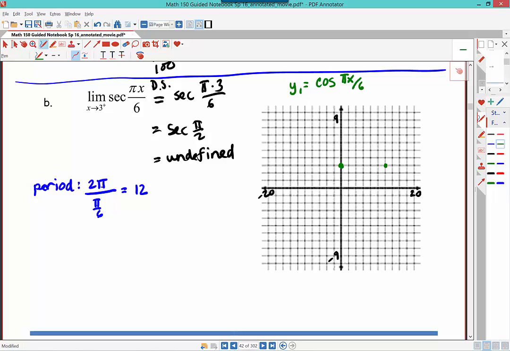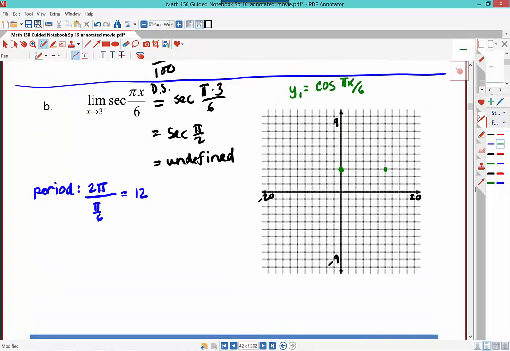And then halfway in between would be 6, right? And cosine at 6 pi over 6 would be cosine at pi, which is -1. And that's halfway in between.